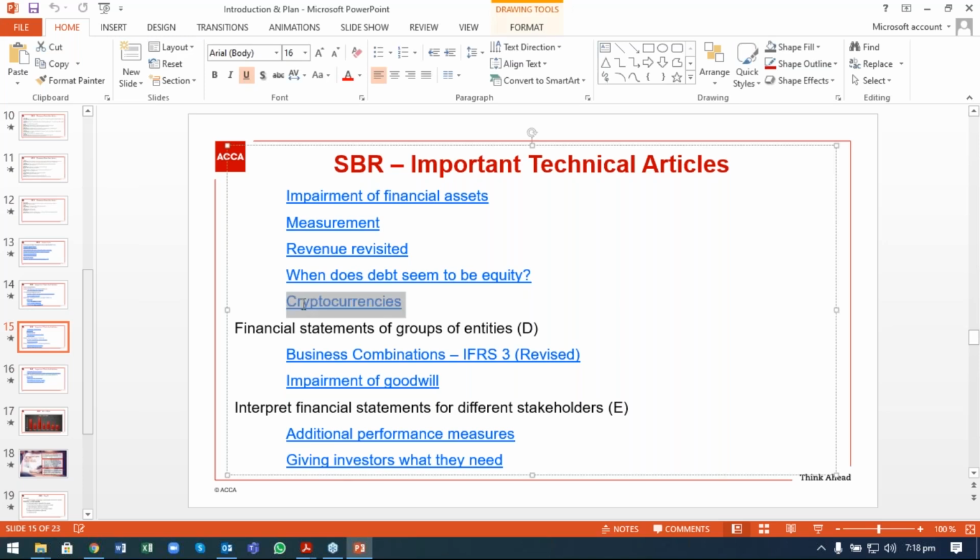I believe cryptocurrencies specifically was tested in March or December 2019, right? In the recent past, you might have seen a lot of news about cryptocurrencies, the bitcoins. So if a company has acquired bitcoins, how is the company going to account for it? I'm not sure what your idea is. Once you go through this technical article, you can.